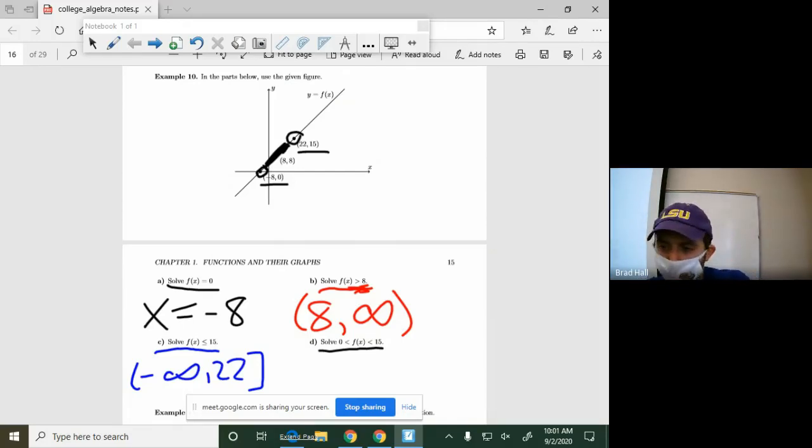So finally, we represent that region by finding the leftmost x value and the rightmost x value. Leftmost x value is -8. And the rightmost is 22.